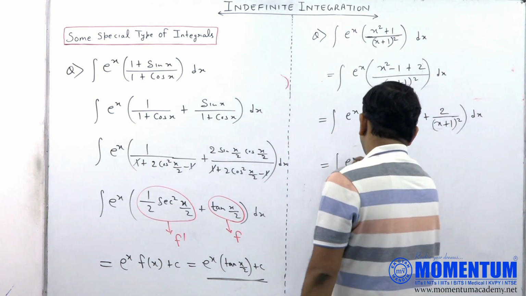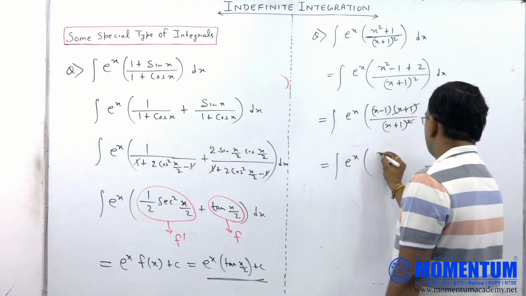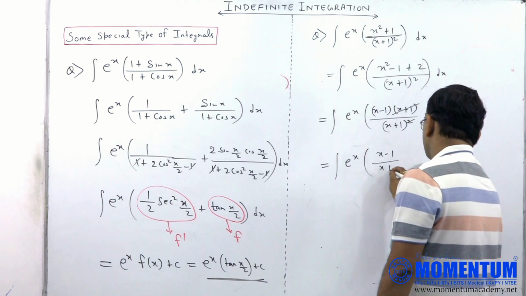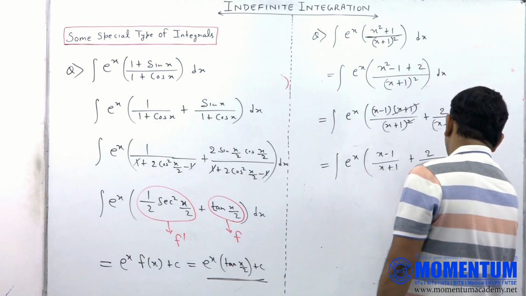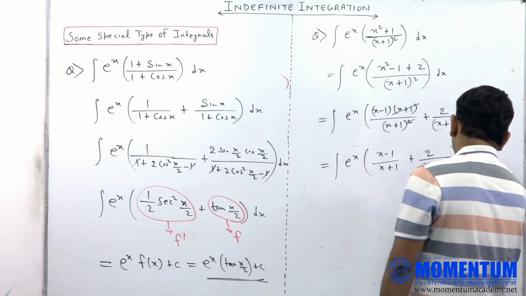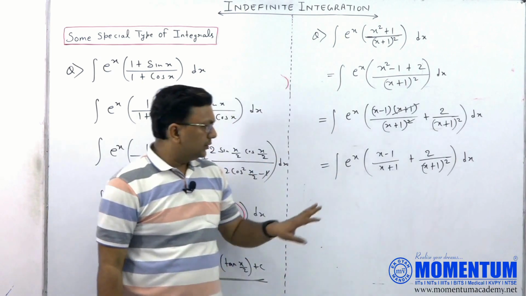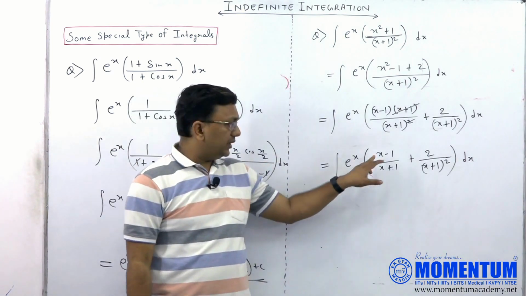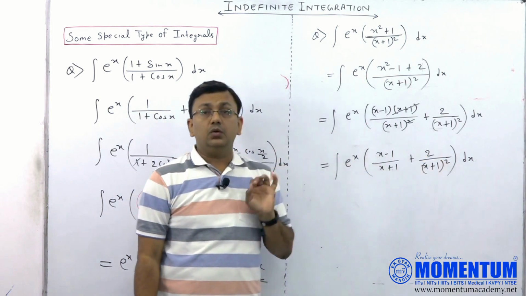So, integration of e to the power x times x minus 1 upon x plus 1 plus 2 upon x plus 1 whole square. Check it. That can be written e to the power x times x minus 1 upon x plus 1 plus 2 upon x plus 1 whole square.